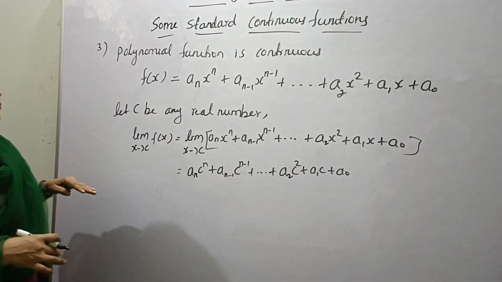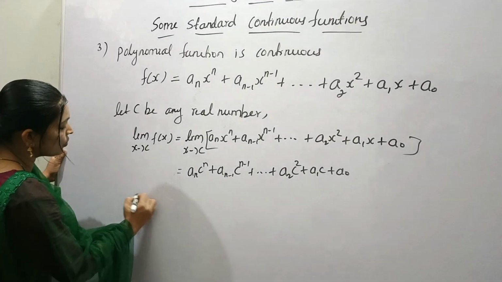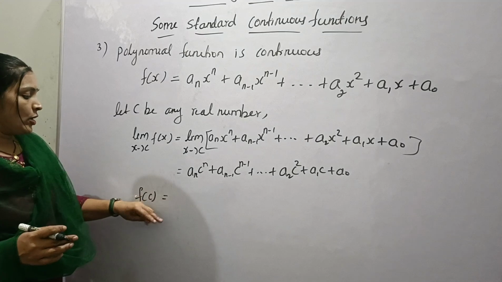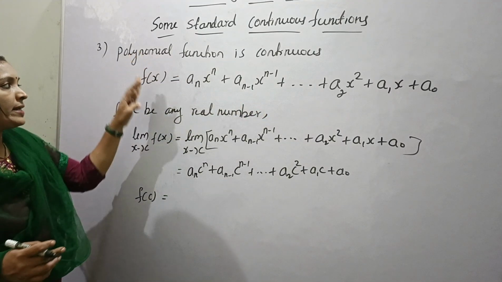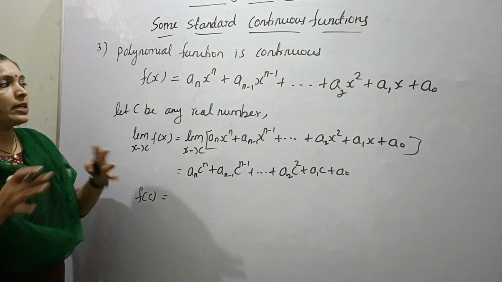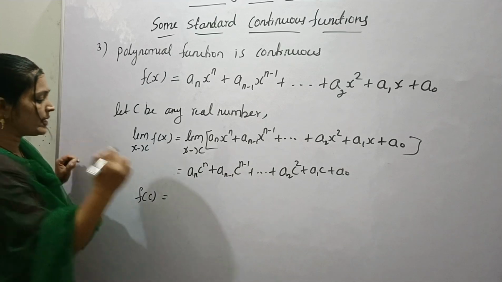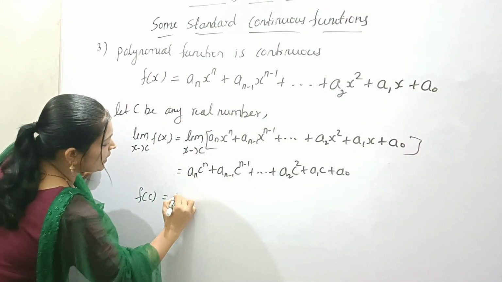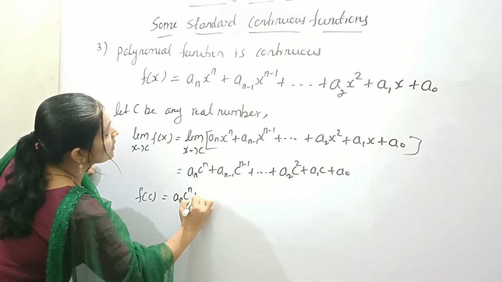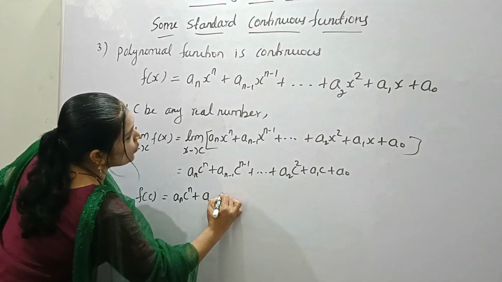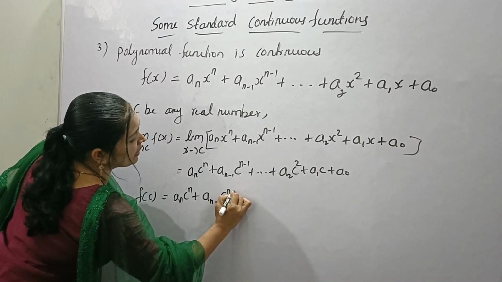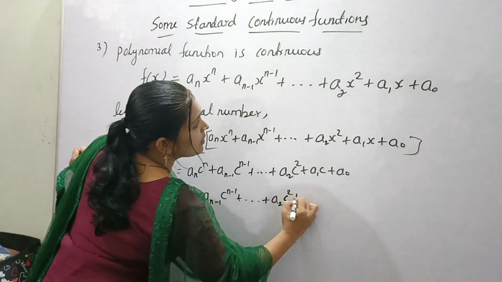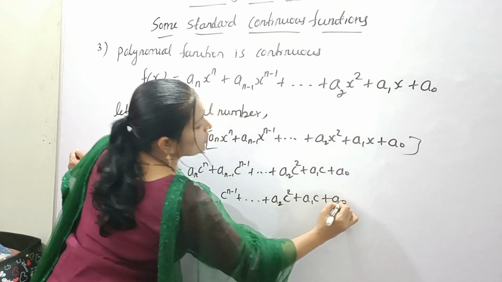Next, we need to find f of c. What is the value of the function? Here also f of x is this one. So f of c is obtained by replacing x by c, that is, the value when x is equal to c. That is a_n c raised to n plus a_(n-1) c raised to n minus 1 plus etc. plus a2 c square plus a1 c plus a0.